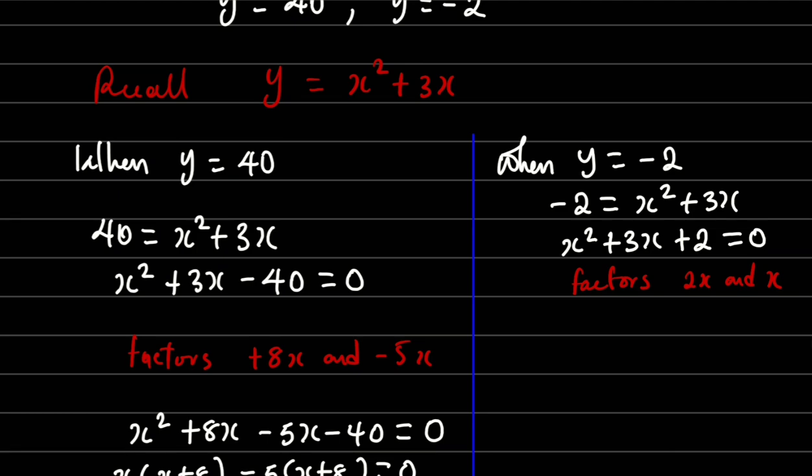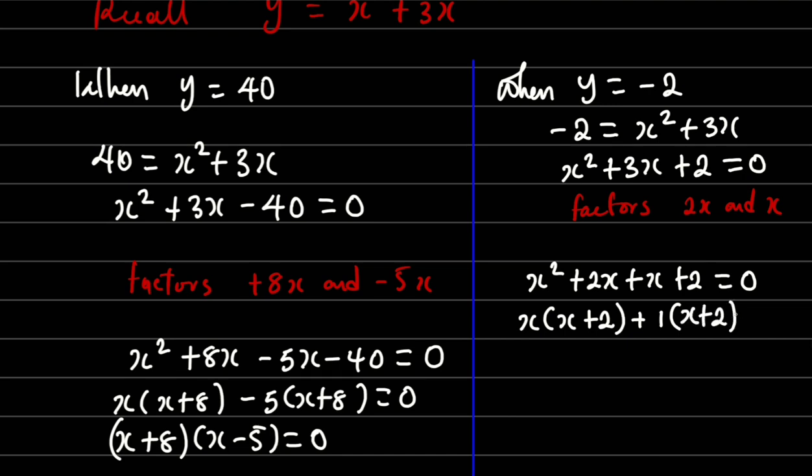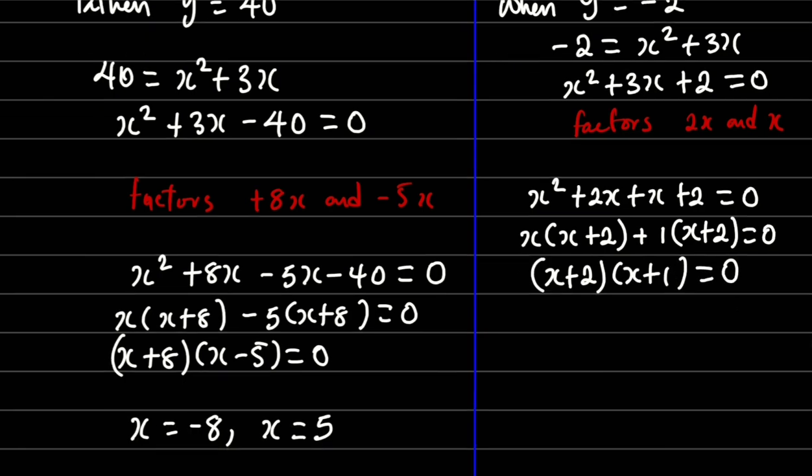So we now fix it in so that we are going to have x squared plus 2x plus x plus 2 is equal to 0. So this is x into x plus 2, then plus, of course, if nothing is common, let me just write 1 here, just for understanding's sake. This x plus 2 is equal to 0. So we have x plus 2 and we have x plus 1 is equal to 0, which implies that x is equal to minus 2 and x is equal to minus 1.